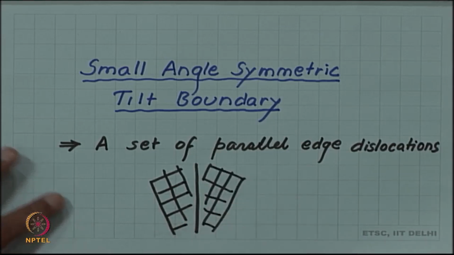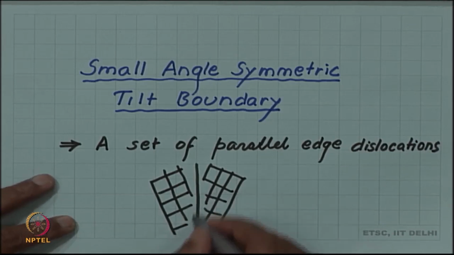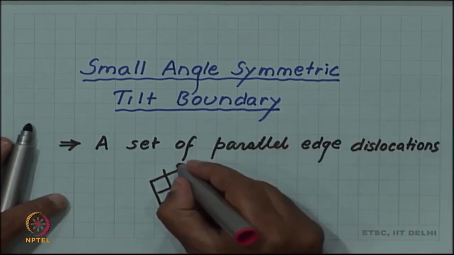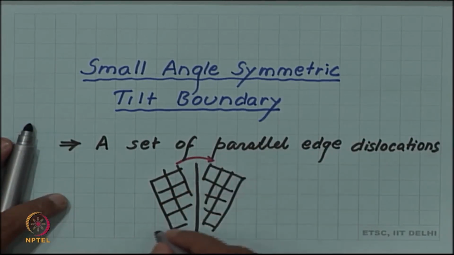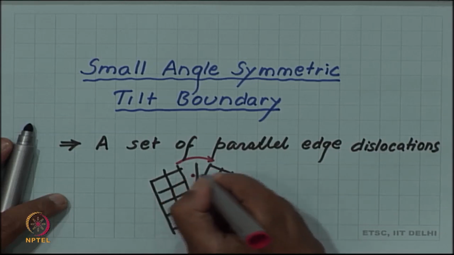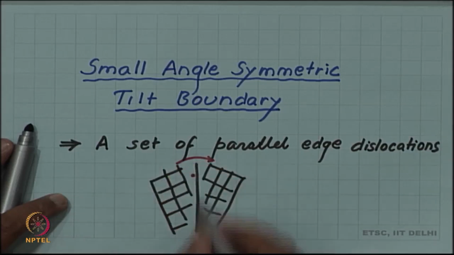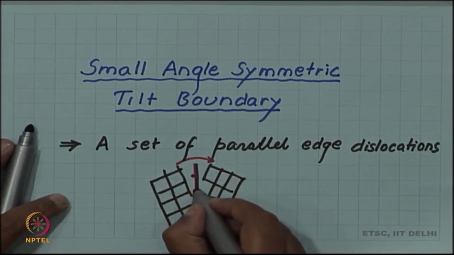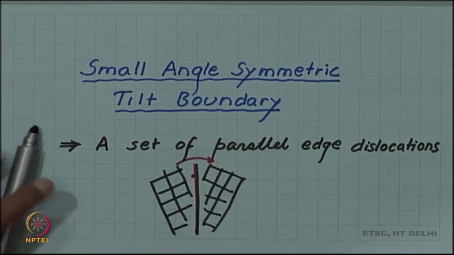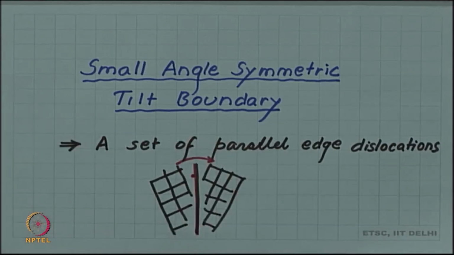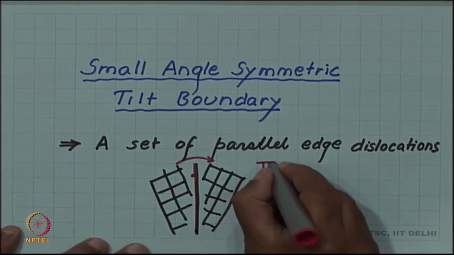So, you have an orientation something like this. The rotation is like this, the rotation axis is perpendicular to the plane of the paper and the boundary axis is also lying perpendicular to the plane of the paper. So, the two lie in each other or parallel to each other. So, it is a tilt boundary.